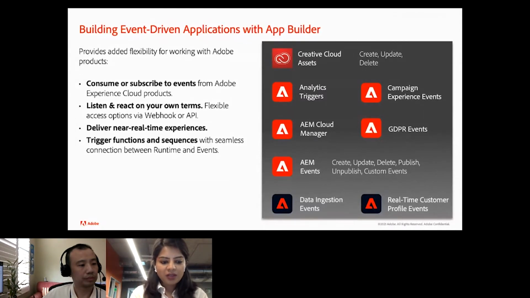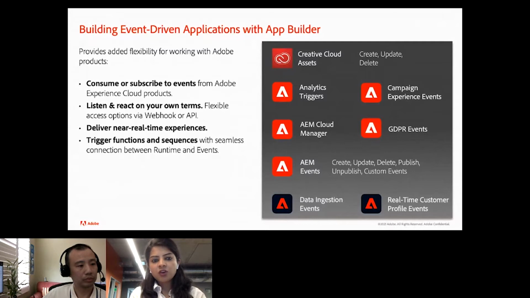Now, what I/O Events does is help you ingest all these events that are coming from various Adobe Cloud, or Adobe, I would say, products. And then you can create integrations within your platform to respond to any specific externally defined condition that is happening.